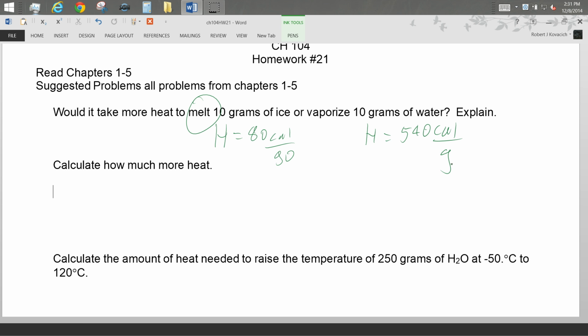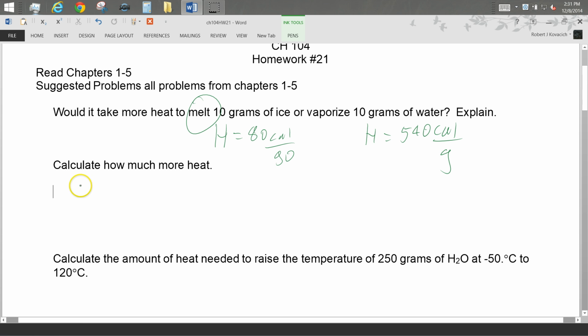The H stands for enthalpy, and that's basically the amount of energy needed to do something, in this case, change a phase. So it's 800 calories to melt the 10 grams of ice, and it's 5,400 calories to vaporize that ice. So significantly more. How much more?